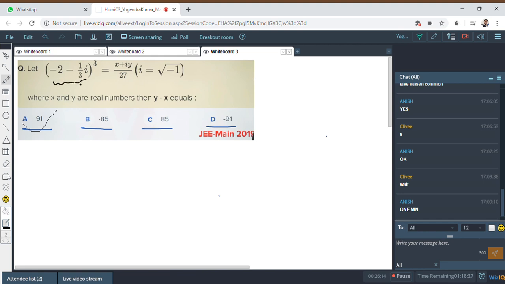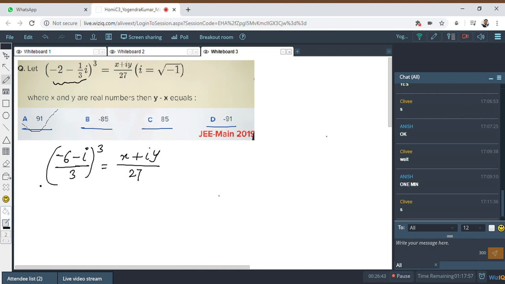How did you do? You opened this whole cube. Take the minus out, that will be better. Don't open the whole cube like this. I mean to say, first you take the LCM: minus (6 minus i) upon 3, whole cube, is equal to (x plus iy) divided by 27.